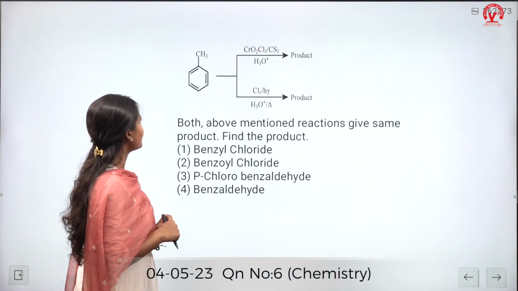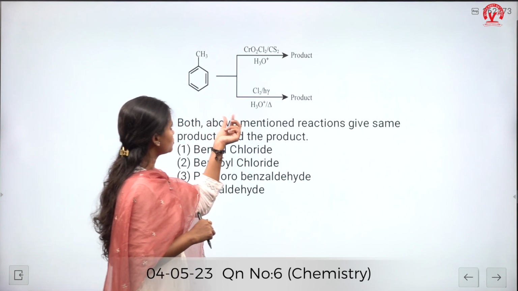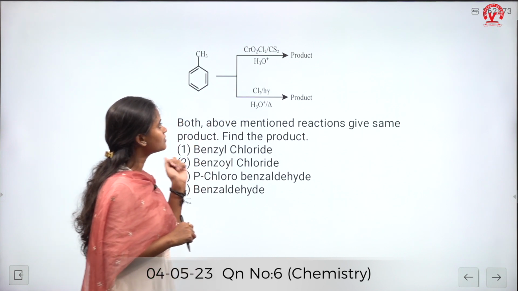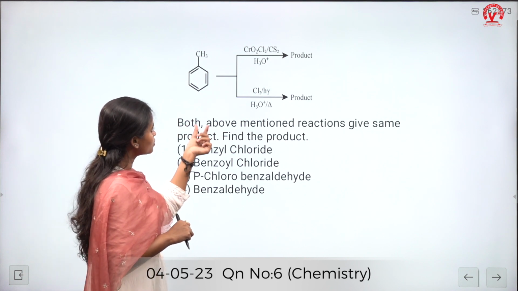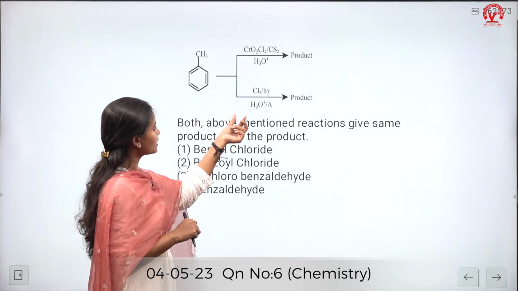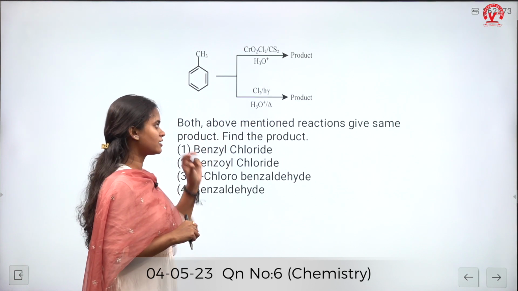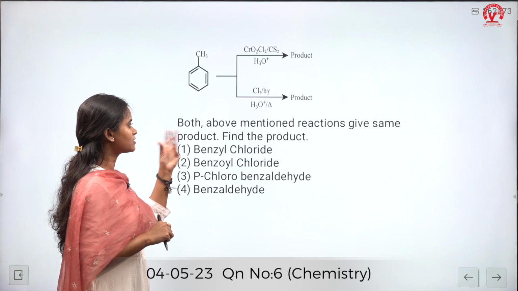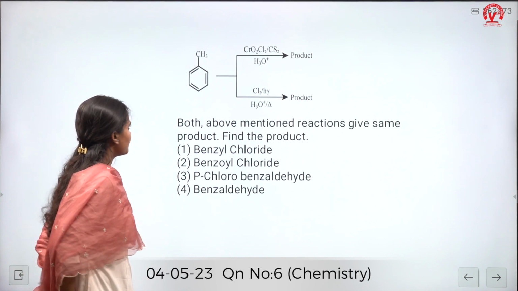Here toluene is reacted with chromyl chloride and CS2, and on further hydrolysis gives a product, and this toluene is also reacted with chlorine in presence of light. On further hydrolysis, it gives another product. They are asking what the product is in this equation.